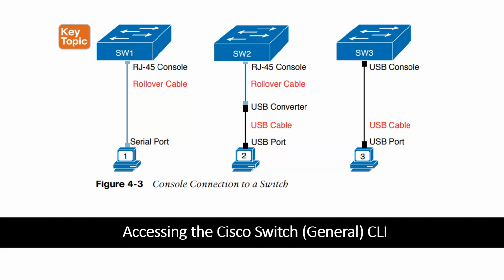USB port on one side, and the USB converter, which is the male part of the serial port, goes into the female part on the other side of the rollover cable. Then that rollover cable converts to RJ45 to go into the console port of the switch. It's kind of phasing out, but I still have it just in case.